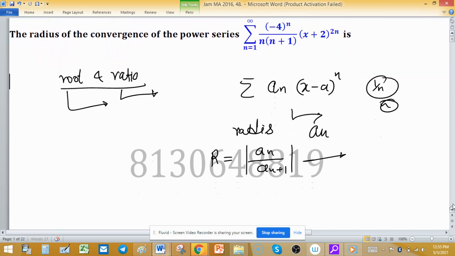But you can also proceed differently. Suppose this is your c_n.